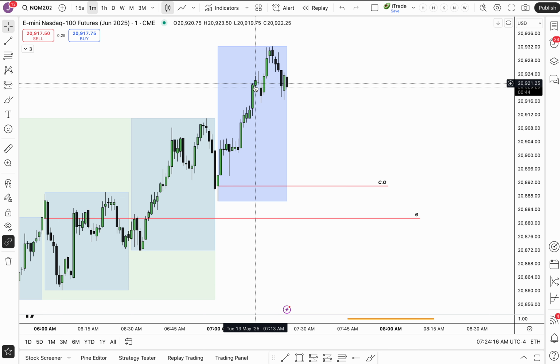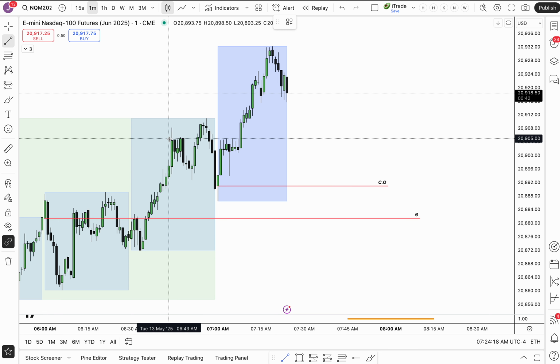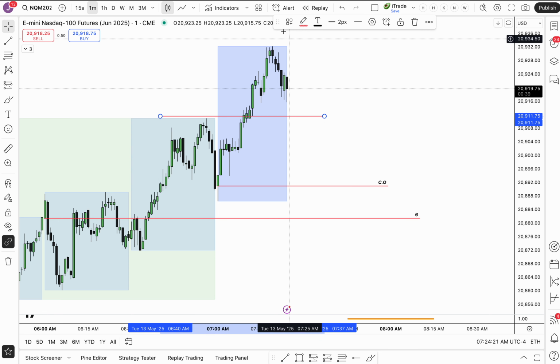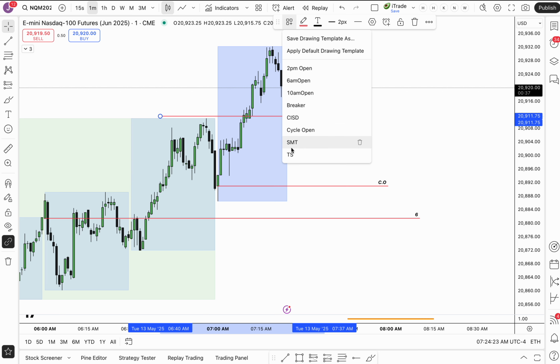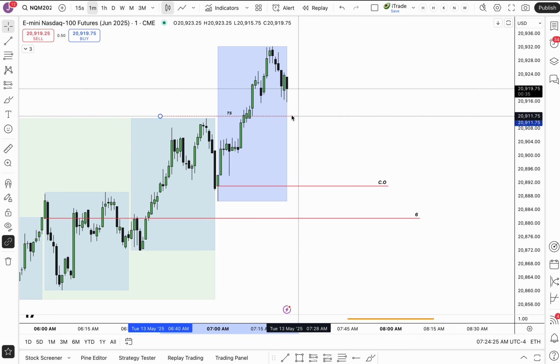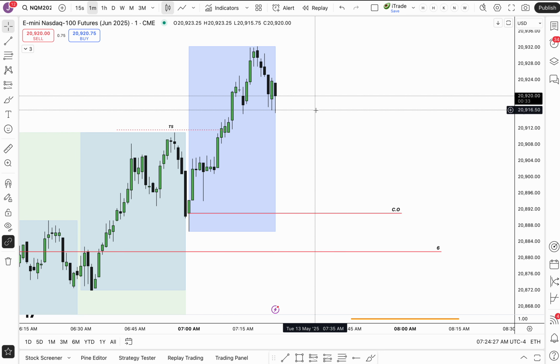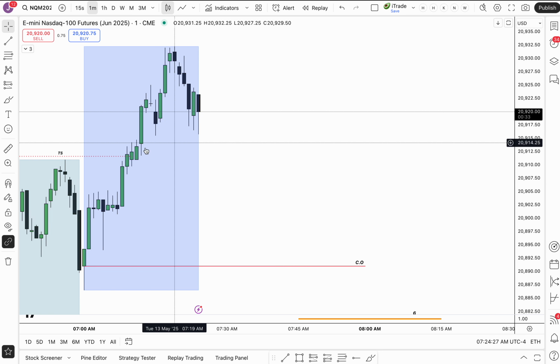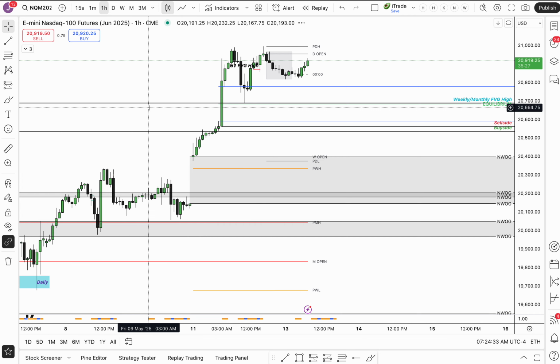But you have this cycle open. We've taken this liquidity. Okay, taken that liquidity there. And now this is forming a gauntlet.